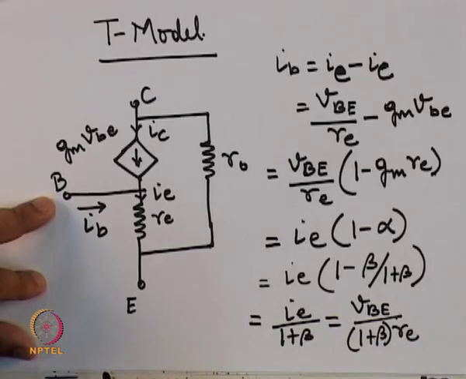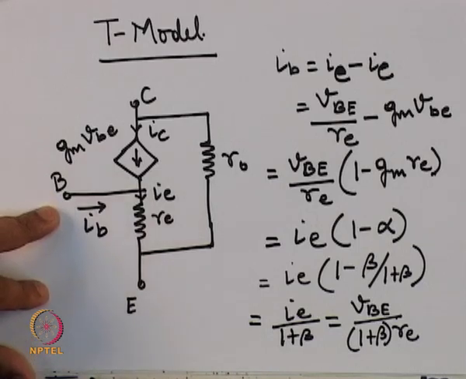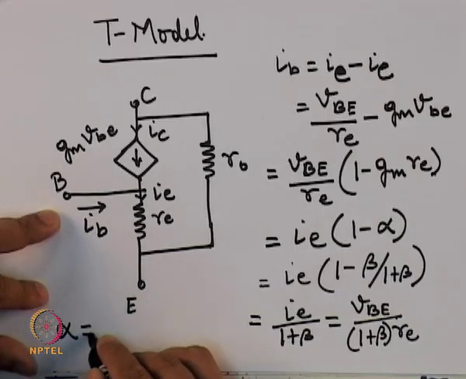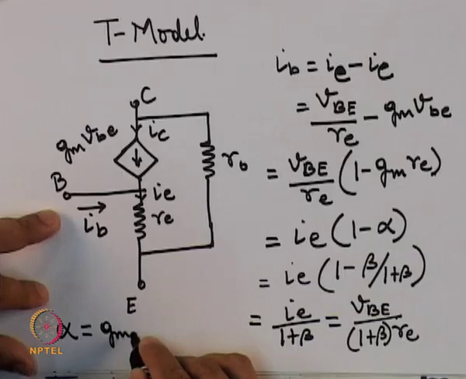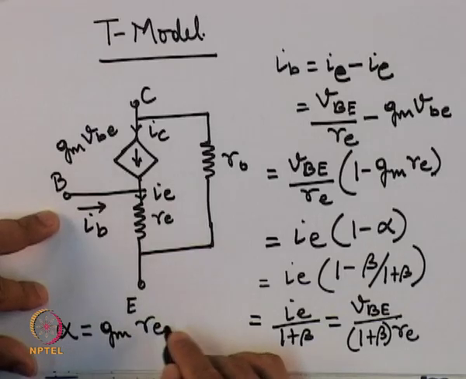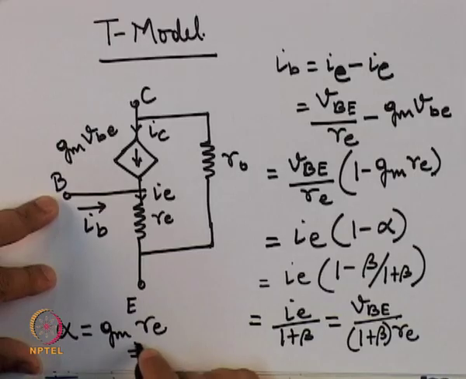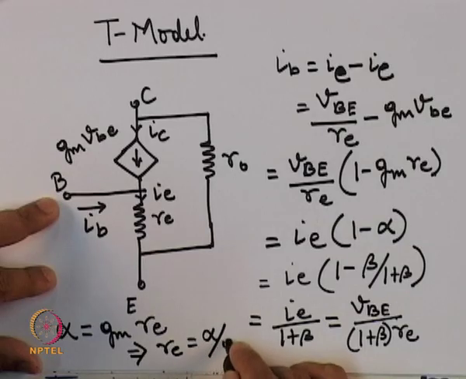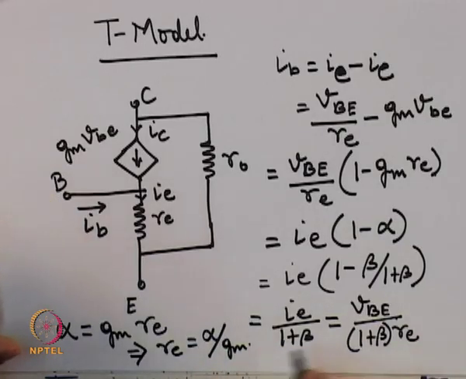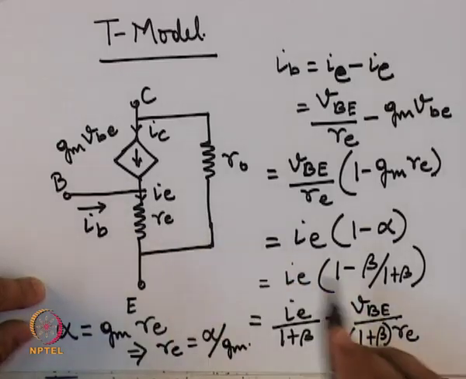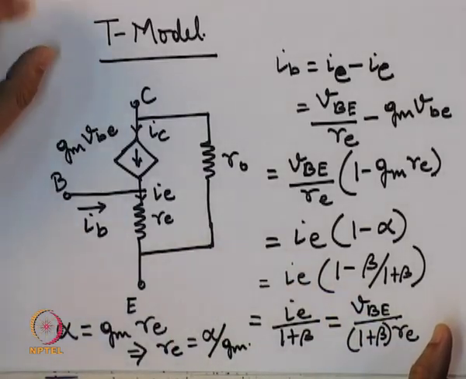Here my traditional BJT alpha is equal to G m R e, which implies R e is equal to alpha upon G m. So, this is how this R e resistance is defined.